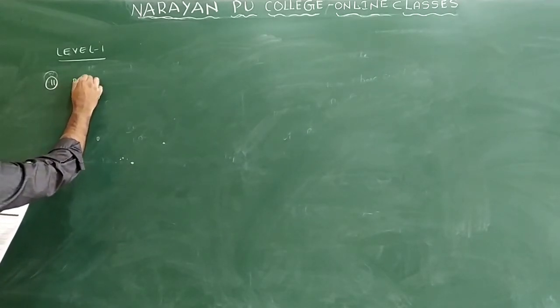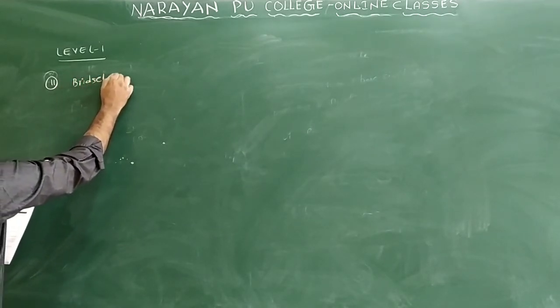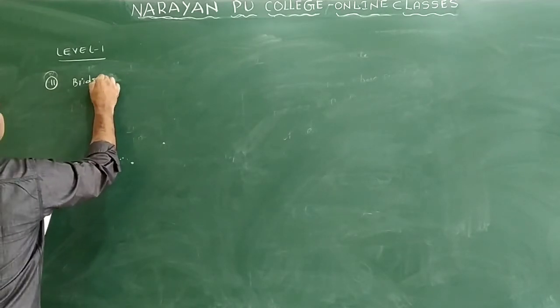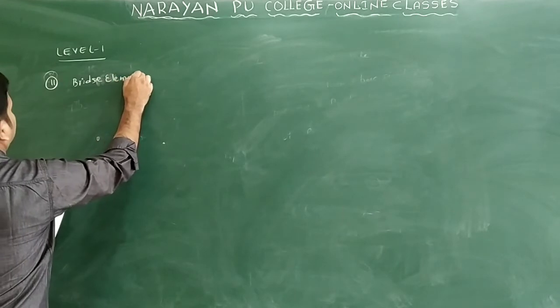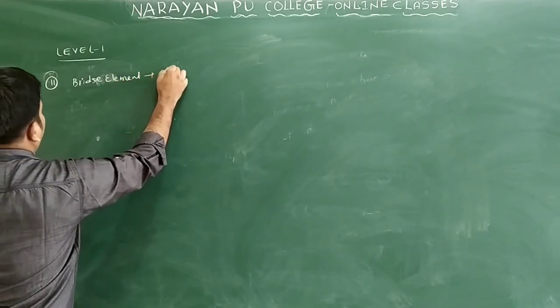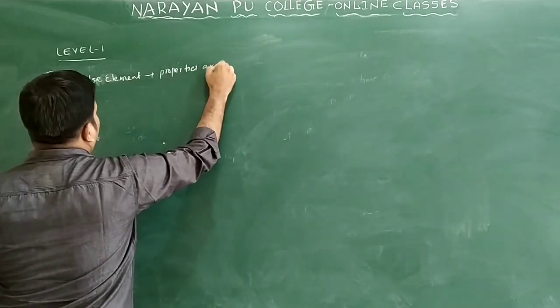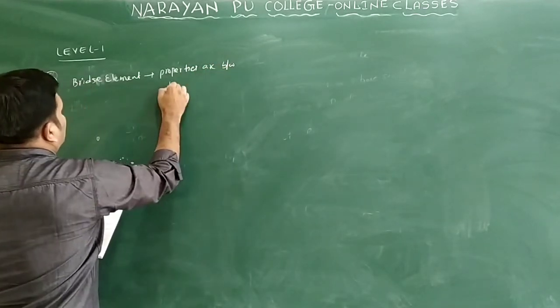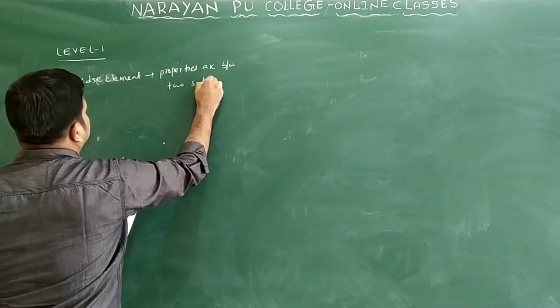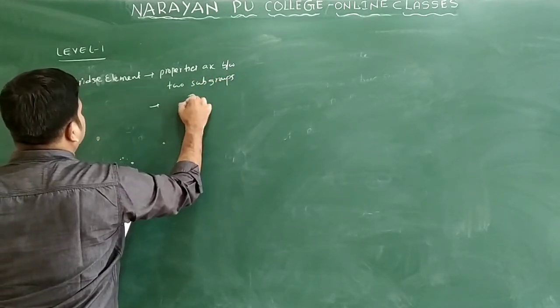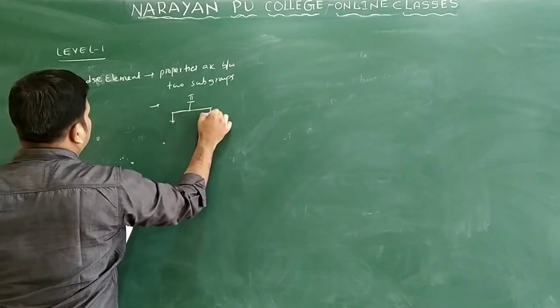So here you will write: bridge element means properties are between two subgroups only. If we take the second group, we have two subgroups.